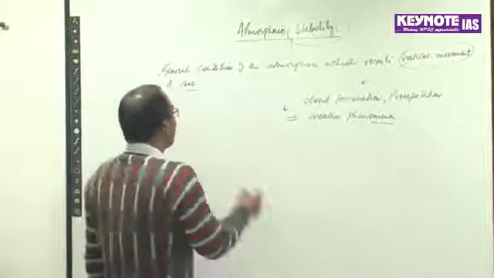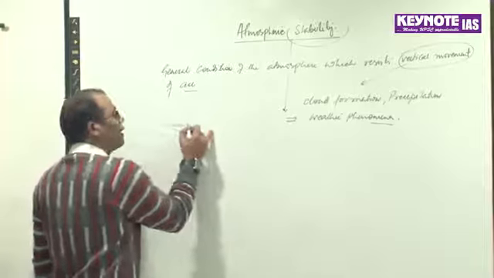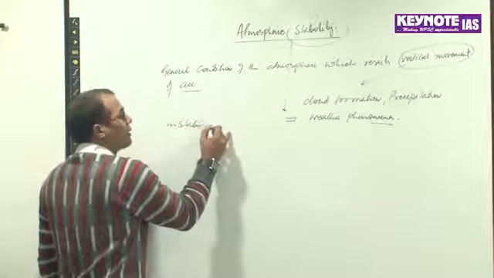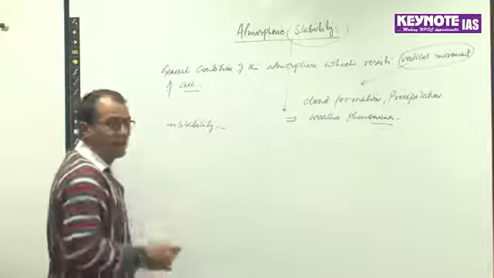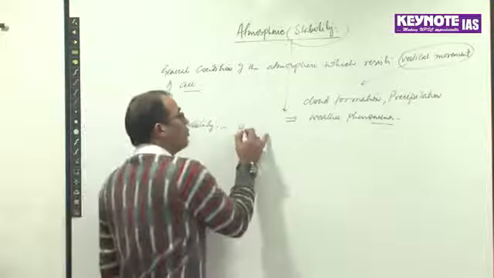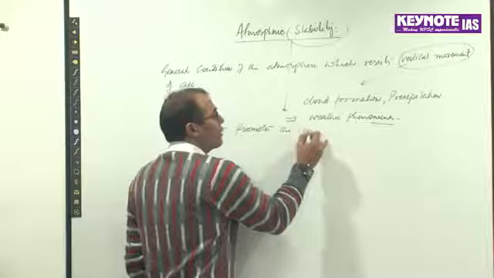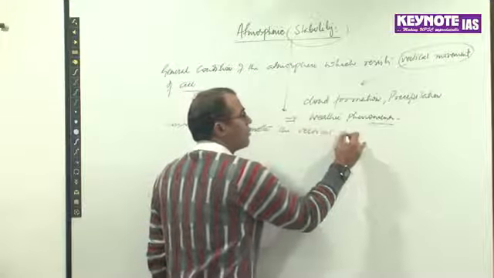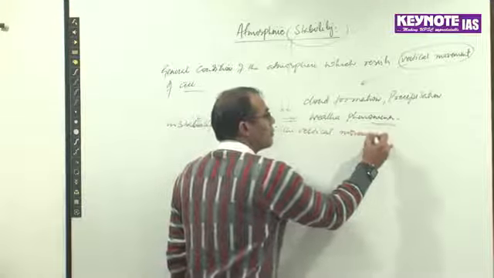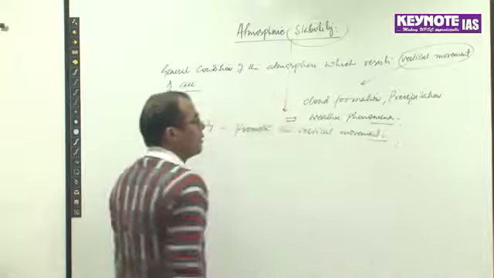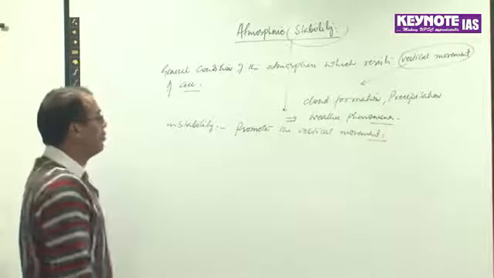And atmospheric instability is exactly opposite of stability, which will promote the vertical movement. Right? Which will promote the vertical movement.